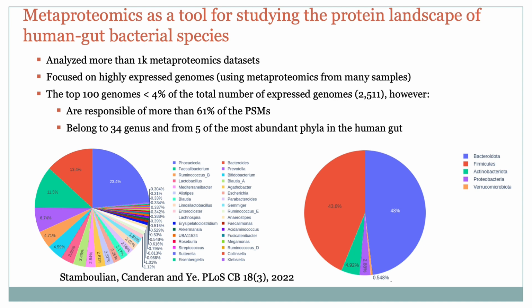The top 100 genomes, just less than 4% of the total number of genomes that have some expression detected, can explain more than 60% of the identified spectra, and those genomes are from 34 genera and from 5 of the most abundant phyla.